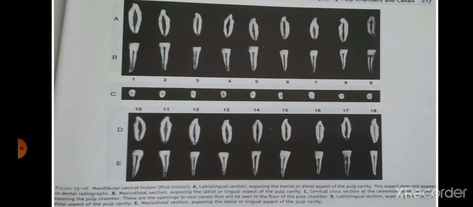In any tooth, the usual rule is that the pulp chamber size in the mesodistal section is usually smaller than that in the buccolingual section.